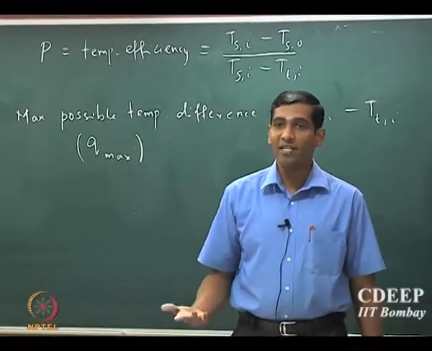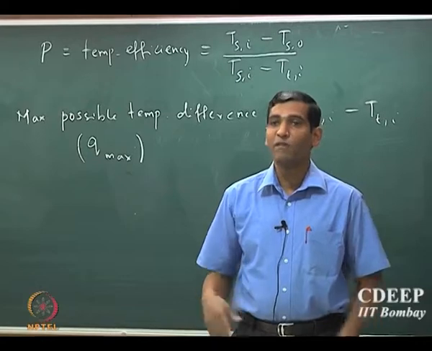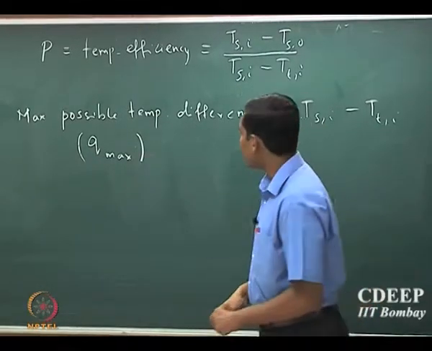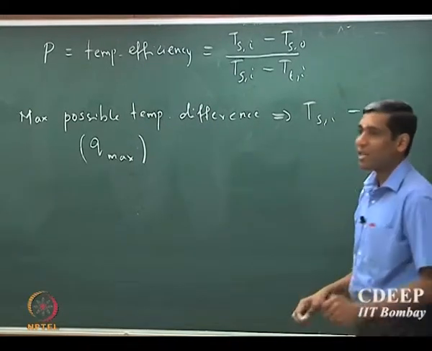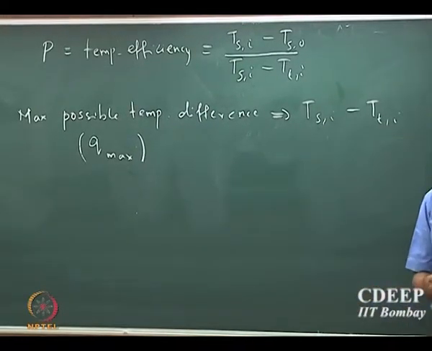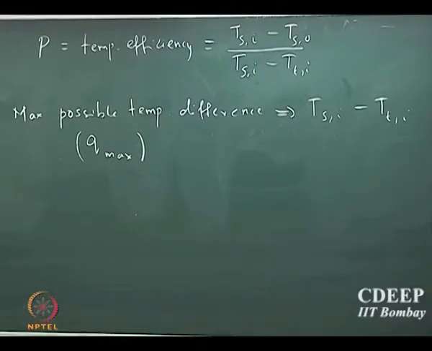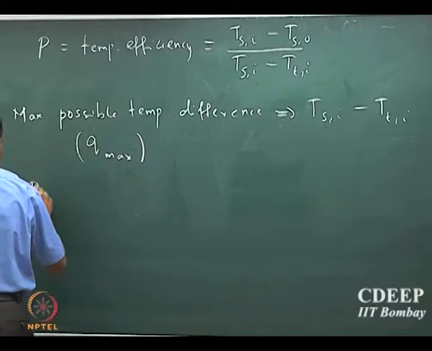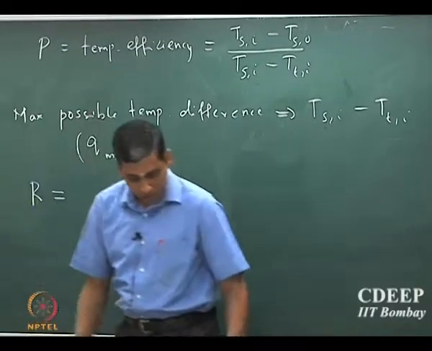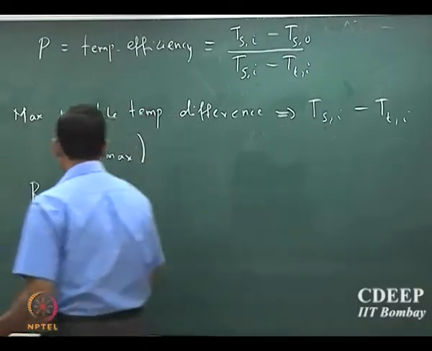Only if we know that will we be able to define some sort of efficiency. So here the temperature efficiency means the difference in the inlet and the outlet temperature of the shell side fluid divided by the maximum possible temperature difference. And then one needs to define another quantity called R, which is the relative thermal capacity.